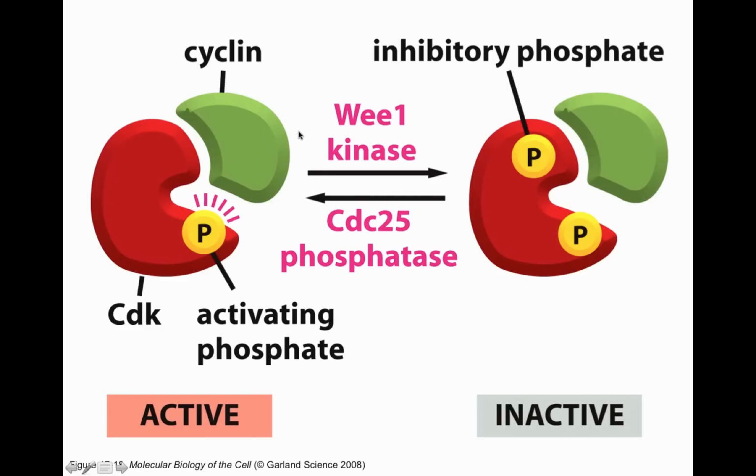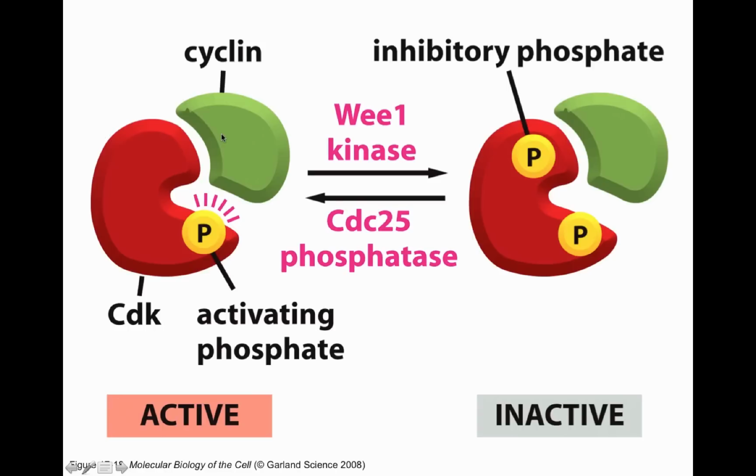So here in the middle, what we have are the names of some of the kinases and phosphatases that are going to be important in this process. We have the kinase WEE1, which is going to phosphorylate the kinase complex at the inhibitory site, and we have the CDC25 phosphatase that is going to be able to remove the phosphate added by WEE1, therefore activating the protein.